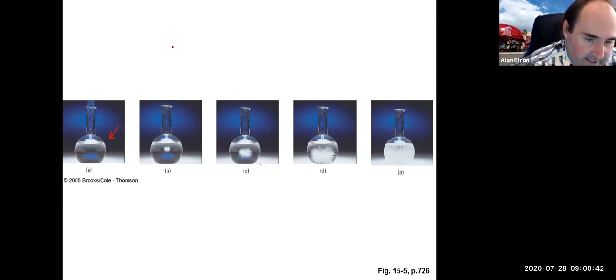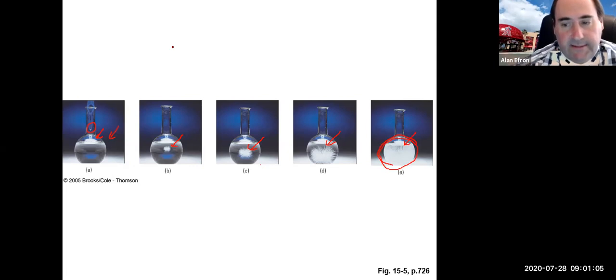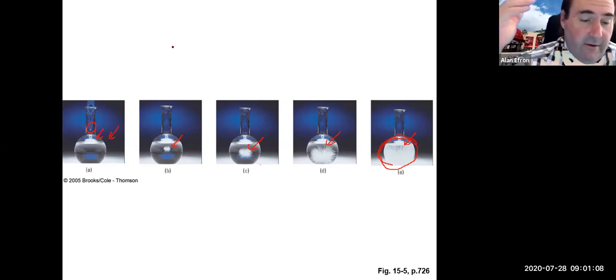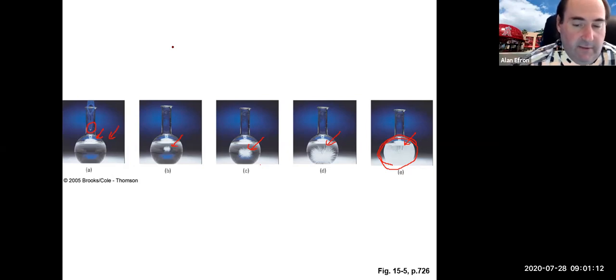You might not be able to see it, but I'll circle it right around here. They're just adding one little drop of a crystal that was in there before. And as soon as they add it, you can see it start to become solid, and more solid forms, and then it realizes I have too much dissolved, and all of the solid comes out, and basically this entire solution now becomes a solid because it had way too much dissolved in it to begin with.